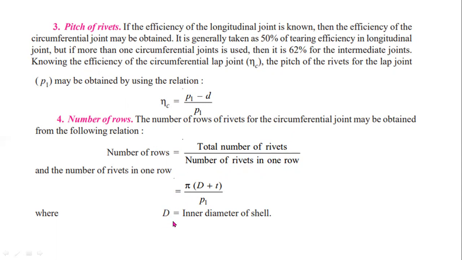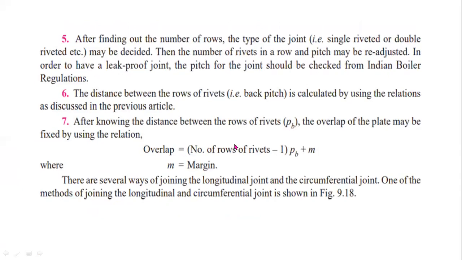Here capital D is the internal diameter of the boiler shell, and small d is the diameter of the rivet. Now PB is the row pitch and M is the margin. The values are the same as for longitudinal joints.